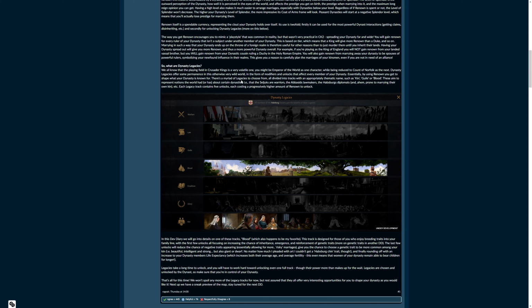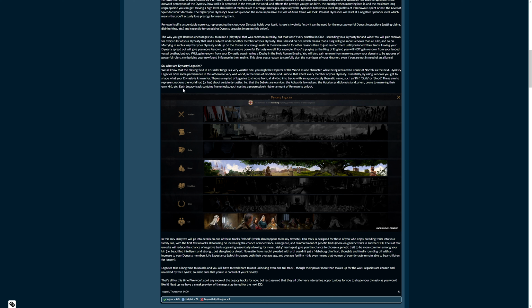There's a myriad of legacies to choose from, all divided into tracks with an appropriately thematic name such as kin, guile, or blood. These aim to represent notions the world had or has about certain dynasties. For example, that the Seljuks are warriors, the Abbasids lawmakers, the Habsburgs diplomats, and prone to marrying their own kin.